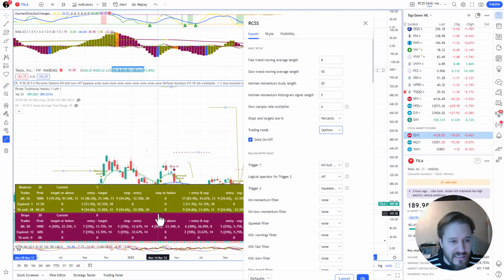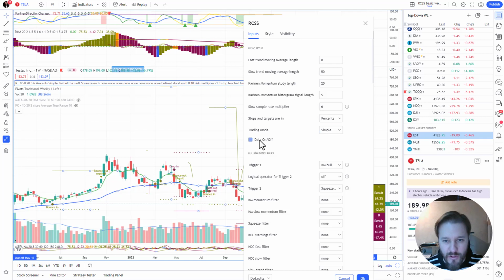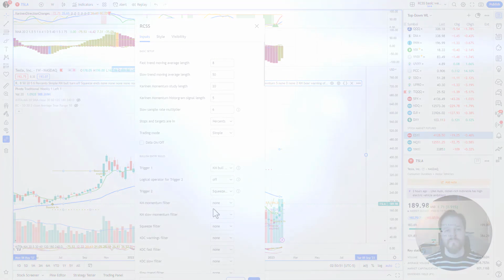So this bigger data table probably is better for you. You care whether you exited with a technical analysis signal before, or if the trade actually expired. All right? And you can put the data table off by doing that. So that's the first part.